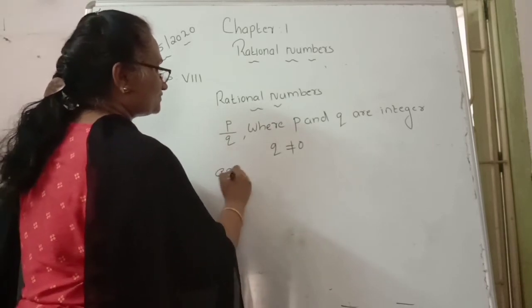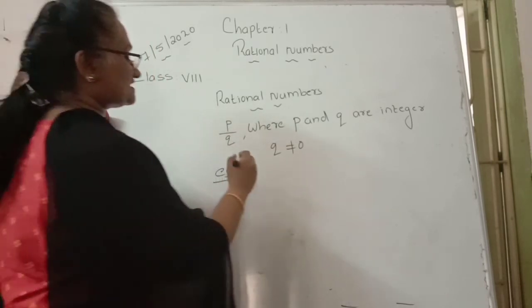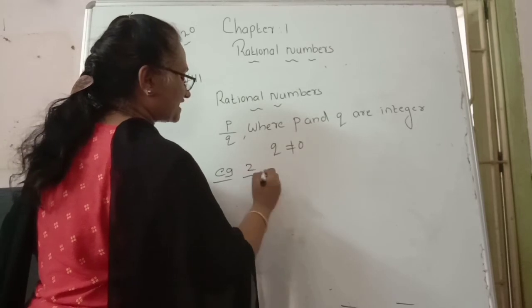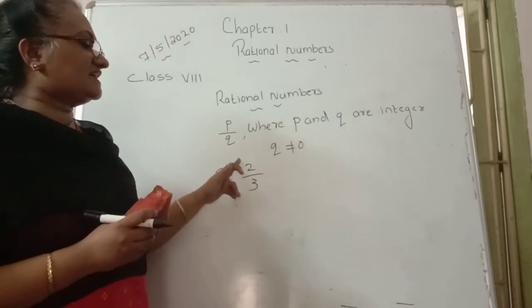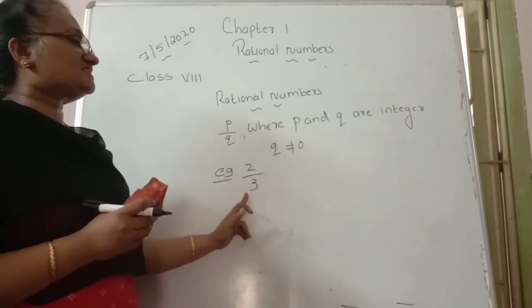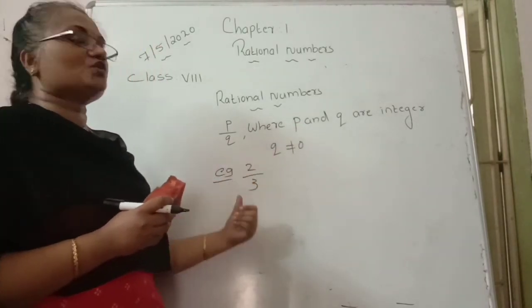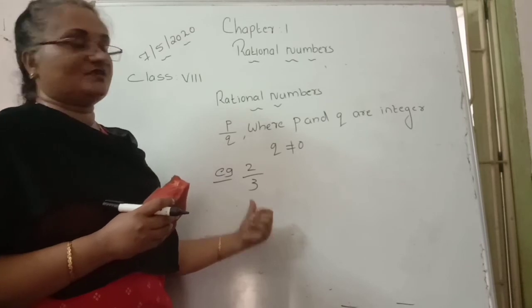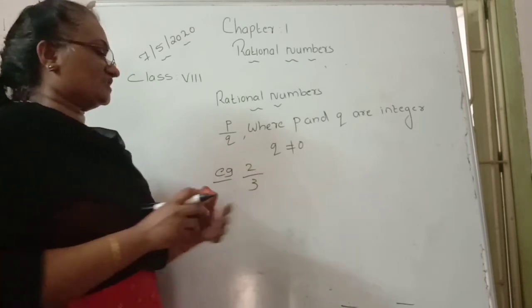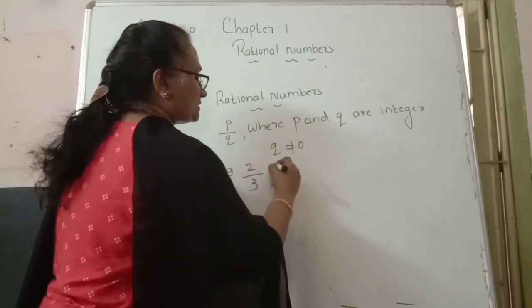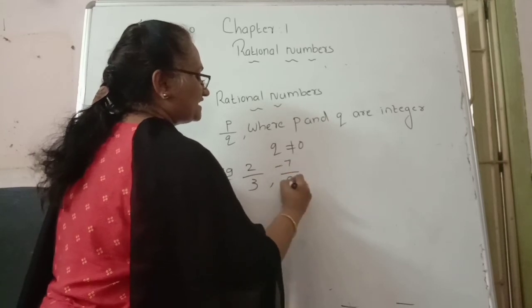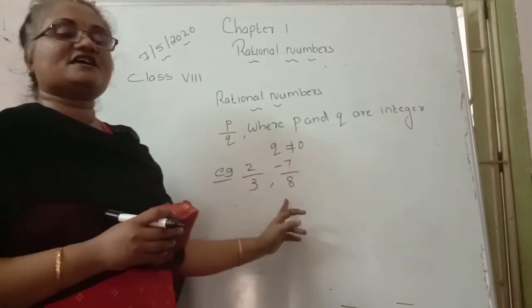Example for rational numbers: 2 by 3. Here 2 is the P value and 3 is the Q value. That's why 2 by 3 is a rational number. This is a positive rational number. Next example, minus 7 by 8.